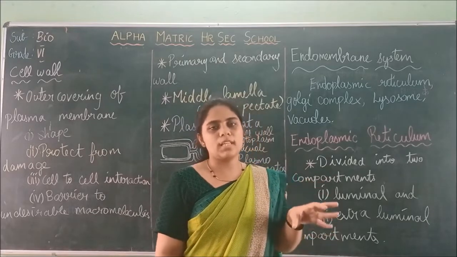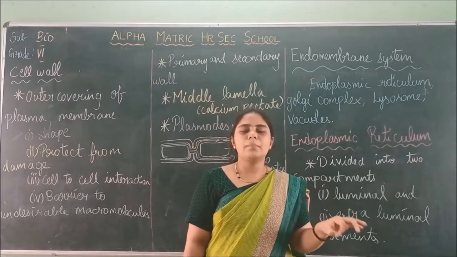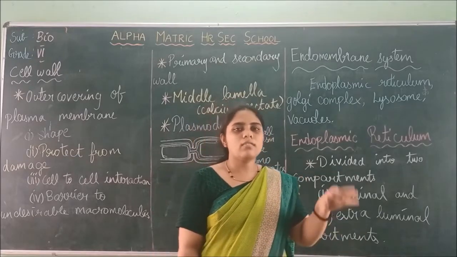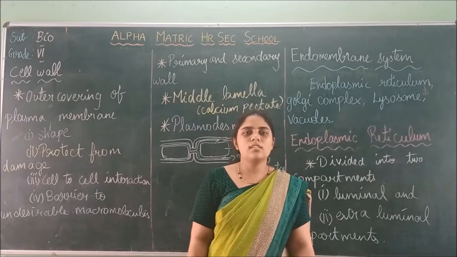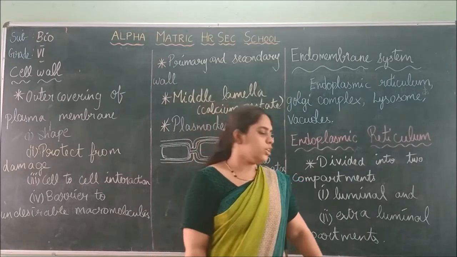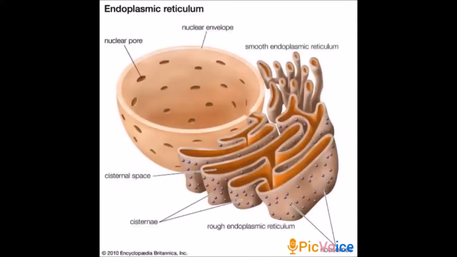In rough endoplasmic reticulum, small ribosomes are present, so it is called rough. When ribosomes are absent, it is known as smooth endoplasmic reticulum. This is the structure of endoplasmic reticulum.